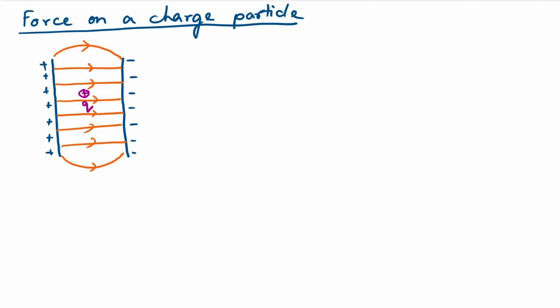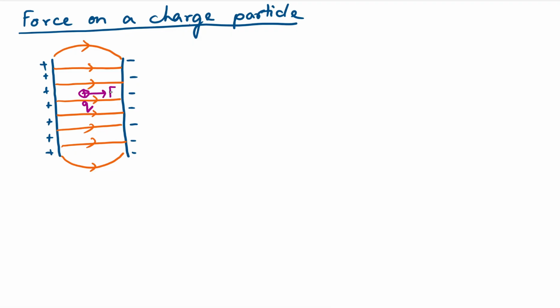And the negative charges on the right-hand side plate will attract this positive charge, because opposite charges attract each other. And as a combination of these two, repulsion and attraction, there will be a net force F acting to the right.